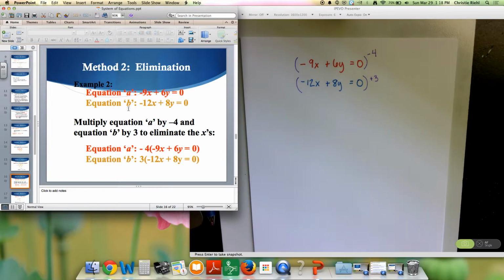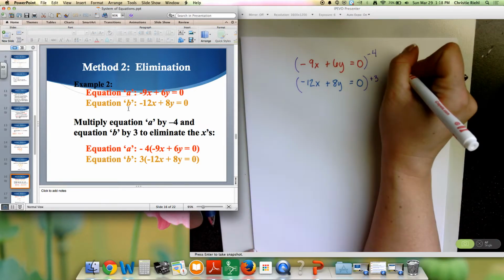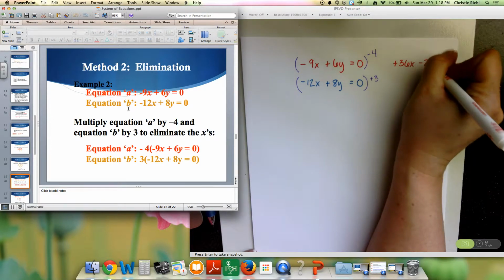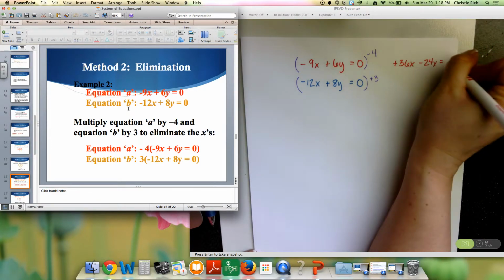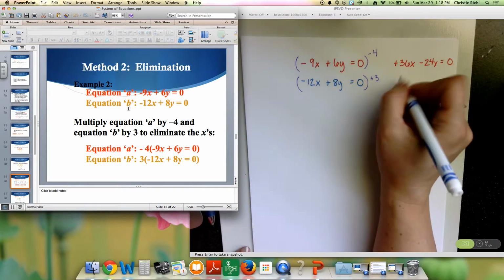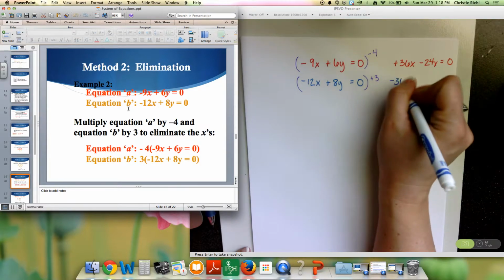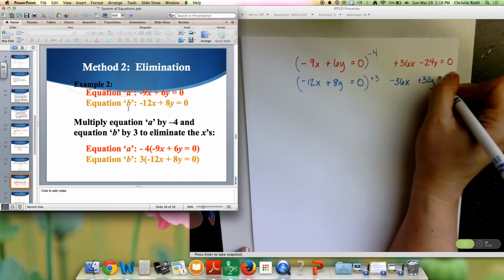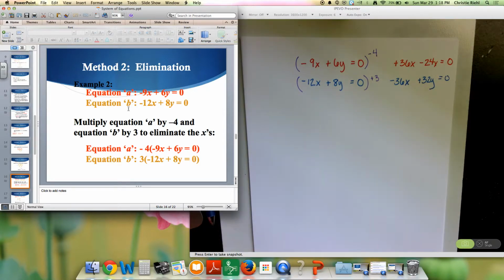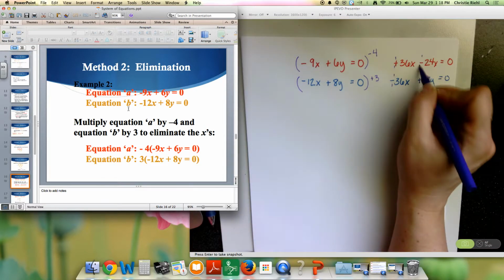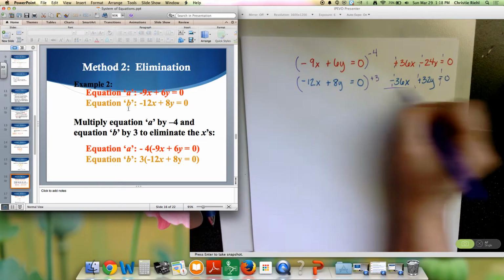All right, so you've finished this out, and hopefully what you've gotten is a positive 36x minus 24y equals 0, and a negative 36x plus 32y equals 0. And now when we do this, again, we've got these columns that'll add up really nicely.